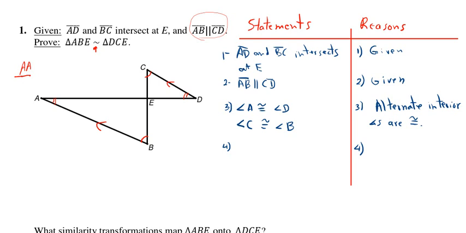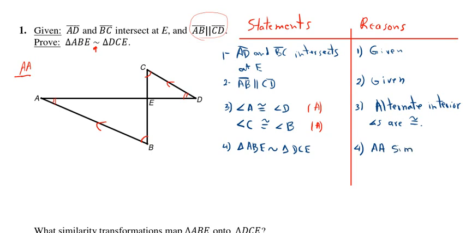Okay, so yes, because we have the angle, one of you mentioned the angle, and now we can write our conclusion: to prove that triangle AVE is similar to triangle DCE, because of the angle similarity criteria.